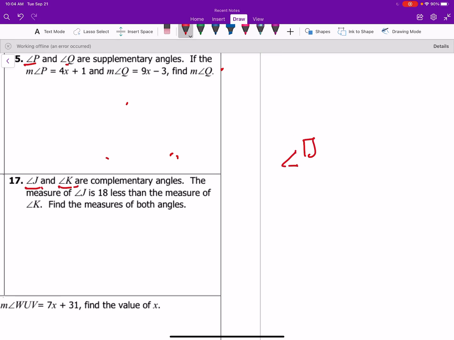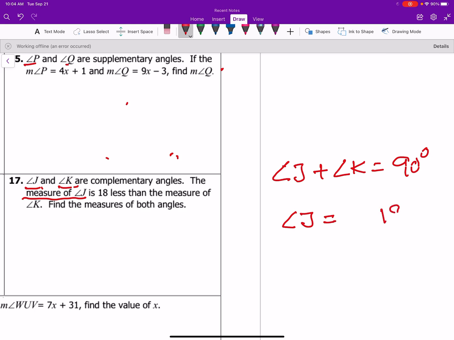What do you understand? You understand that angle J plus K, complementary, means they're 90 degrees, okay? Now they say the measure of J is 18 less than the measure of K. So now find the measure of both angles.